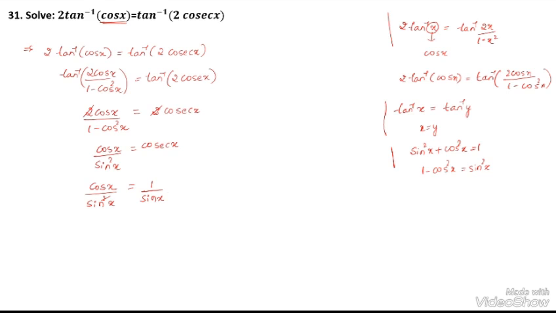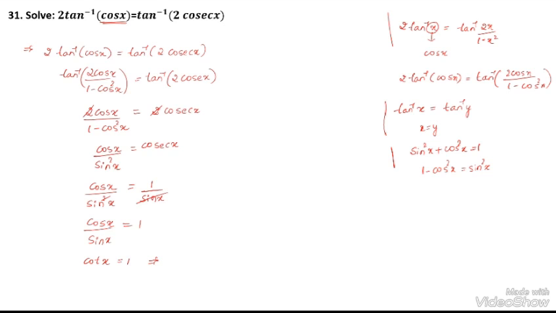Here this sin x, this sin x gets cancelled. We have cos x divided by sin x is equal to 1. We know the property cos x divided by sin x can be written as cot x is equal to 1.